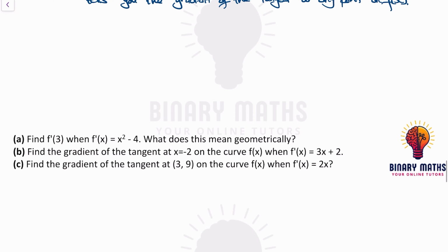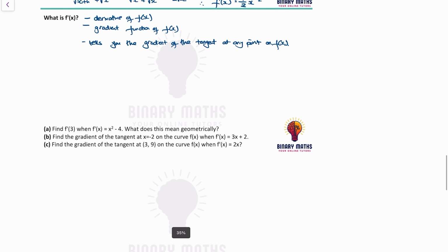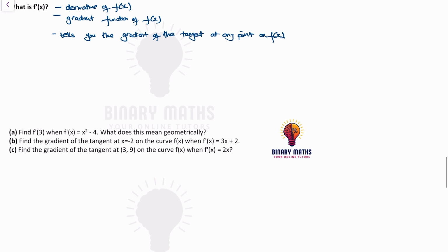Okay, so let's answer some questions so you can understand this. It says find f dash of 3 when f dash of x is equal to x squared minus 4. So if I'm trying to find f dash of 3, that means I need to just substitute 3 into this expression for f dash of x, which is a gradient function. 3 squared minus 4, which is 9 minus 4, which is 5.